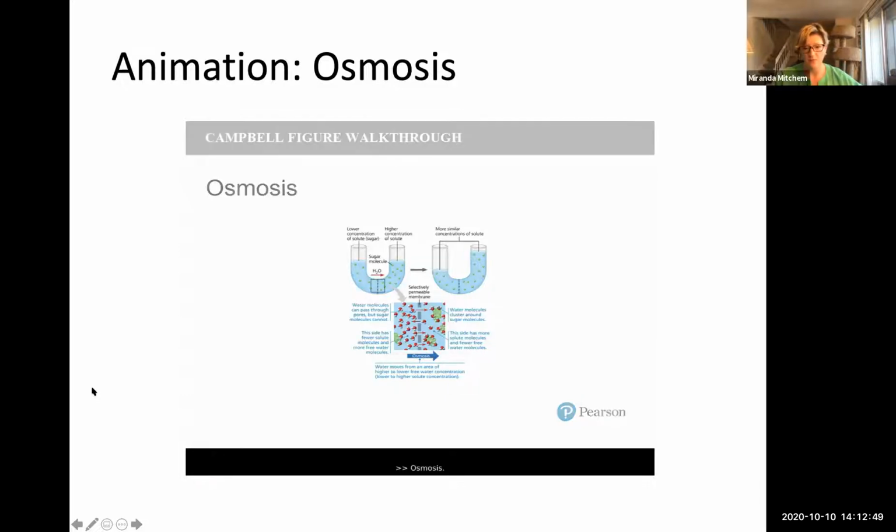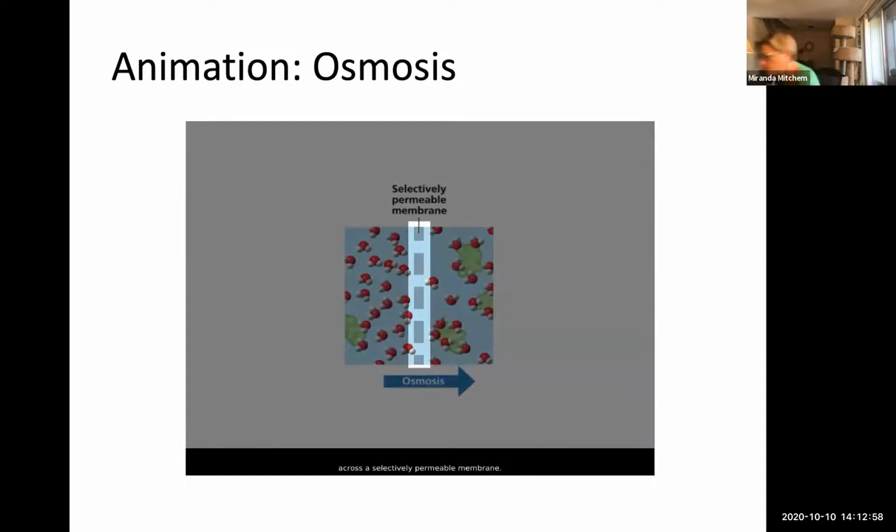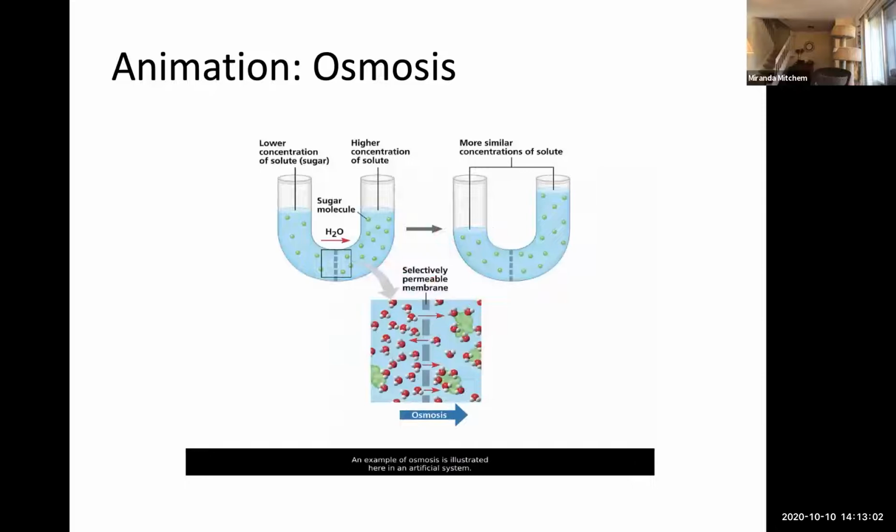Osmosis. Osmosis is the diffusion or net movement of water molecules across a selectively permeable membrane. An example of osmosis is illustrated here in an artificial system, a U-shaped glass tube with a selectively permeable membrane. The tube contains water, shown in blue, and solute molecules, which are sugar molecules in this example, shown as green dots.